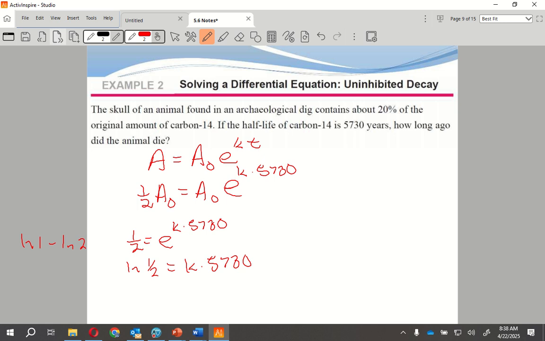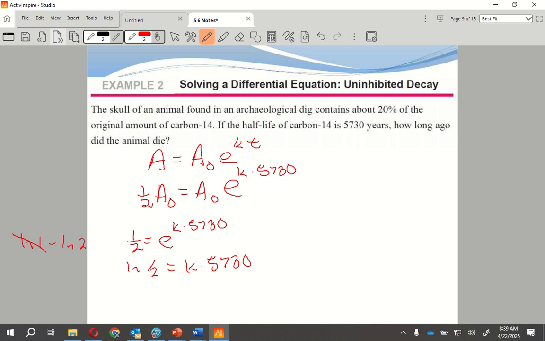But what is ln 1? It's 0, right? So this part could just go away. This is going to happen a lot in a lot of the problems that we're going to have. So when you see that, just turn it into a negative ln 2, or negative whatever the ln is.